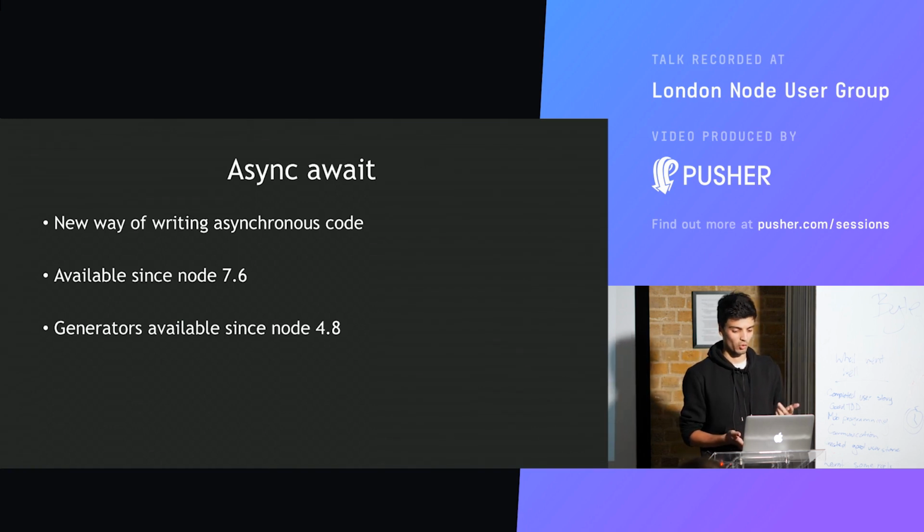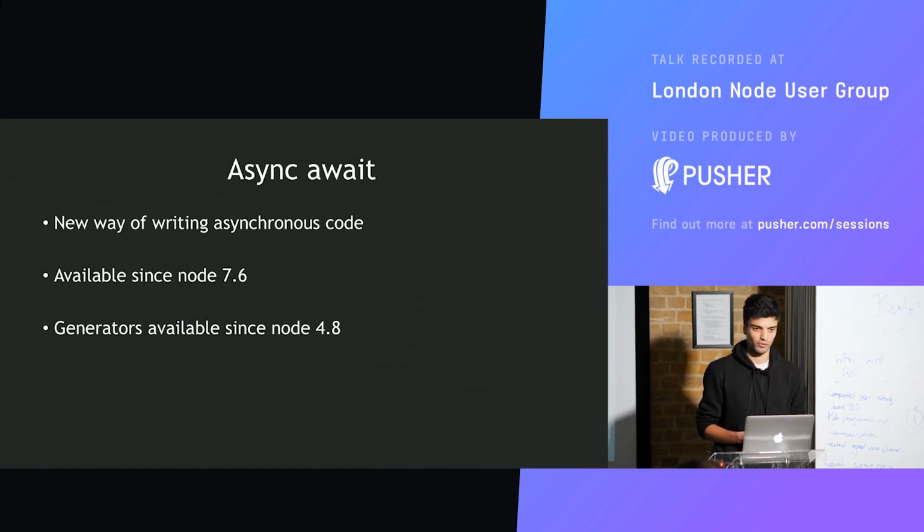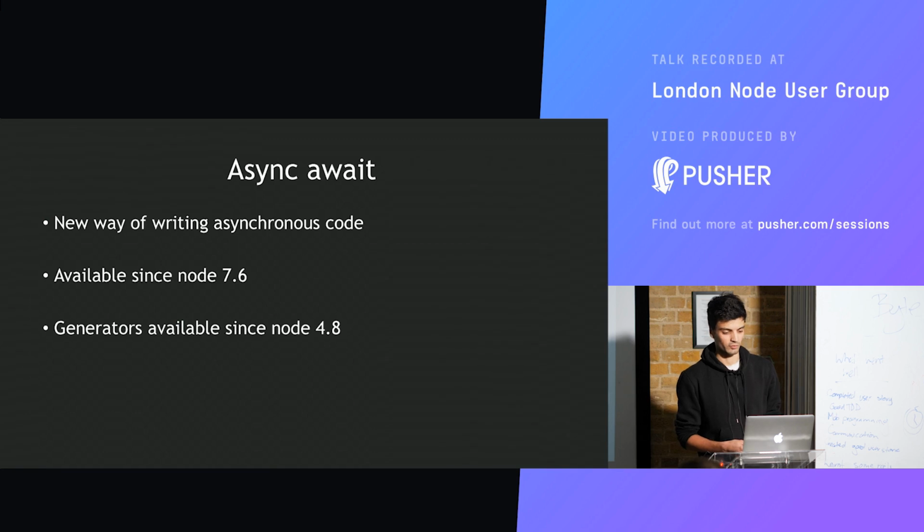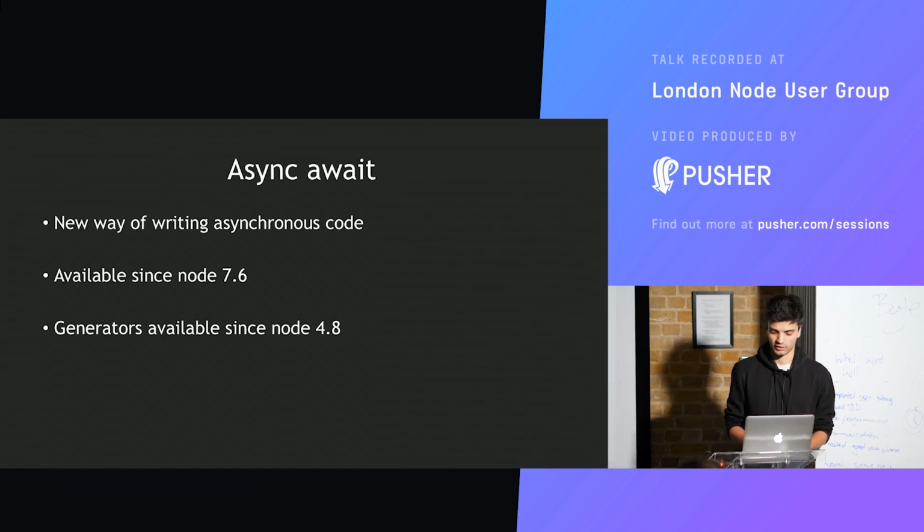So generators are quite an old feature on Node, and they allow you to do some very powerful stuff. And sometimes you actually need generators, you can't use only async await. For example, in redux-saga, for those who are front-end developers, you need to do something about what you are yielding. You can't do that with async await. Async await is just to wait for the promise to be resolved. But for Co, it works really well. So for Koa also, you can just use async await instead.